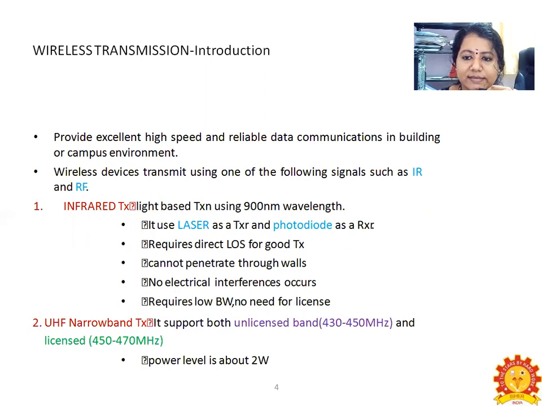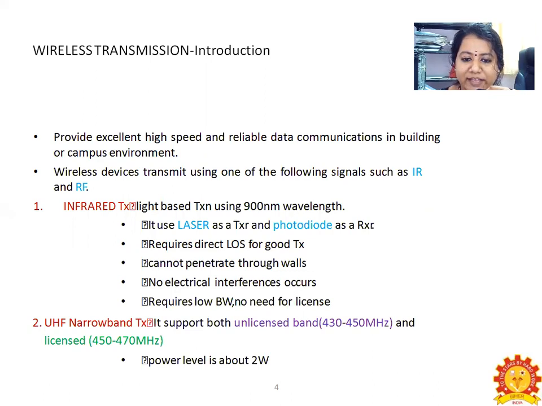It uses a laser as a transmitter and a photodiode as a receiver. It requires a direct line of sight for good transmission, cannot penetrate walls, has no electrical interference, requires low bandwidth, and needs no license.